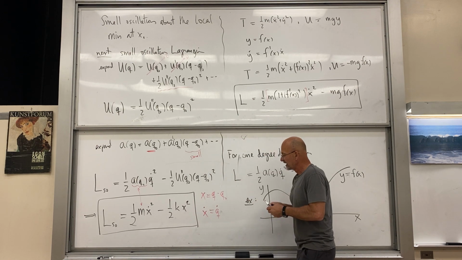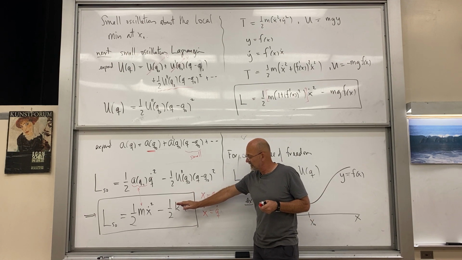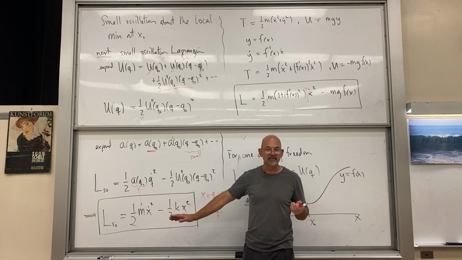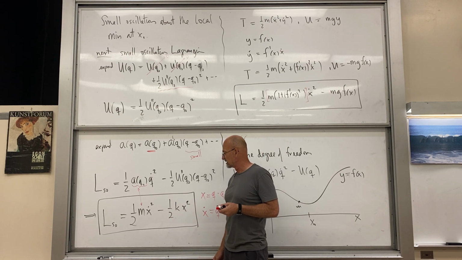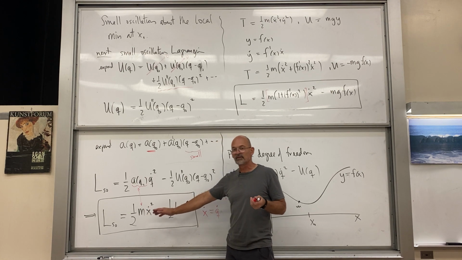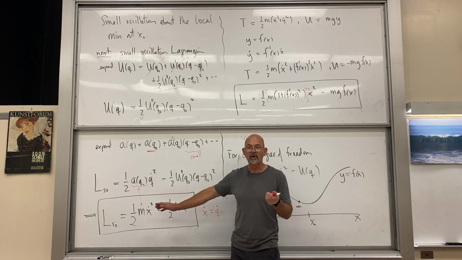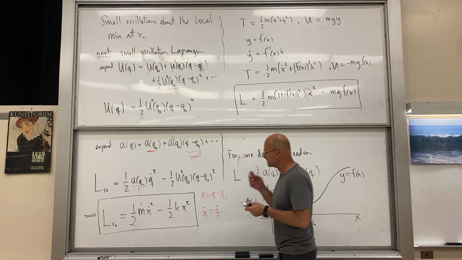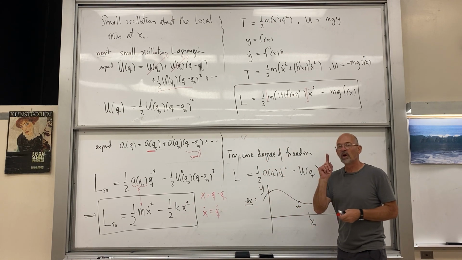And once you have this, you should look at this and say, yeah, I know what happens next, okay? The Lagrange equation is just going to give us Newton's law, Hooke's law for the harmonic oscillator, and then we can just write the answer down. Okay. So that's for 1 degree of freedom.